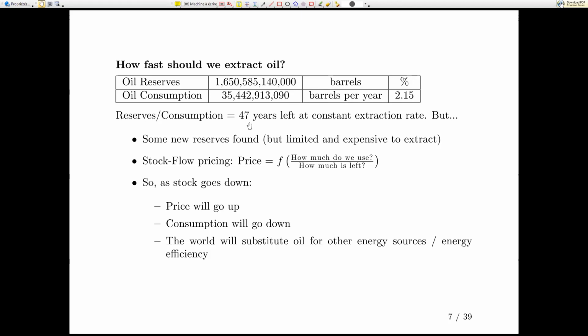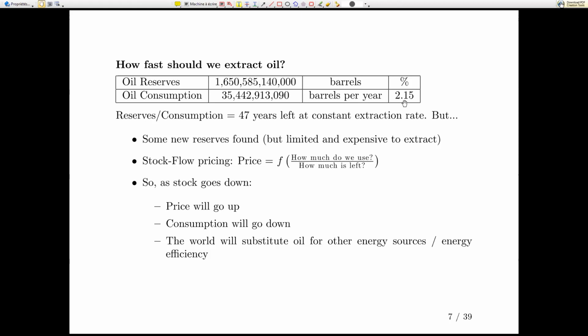That looks like it's very soon. So what's wrong with this number? Well, I've just given you the answer. It assumes that the extraction rate is constant, that it's always going to be at the same pace.